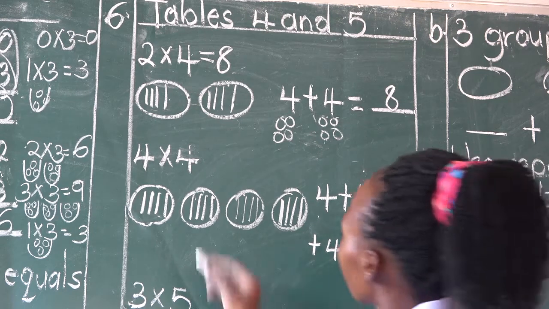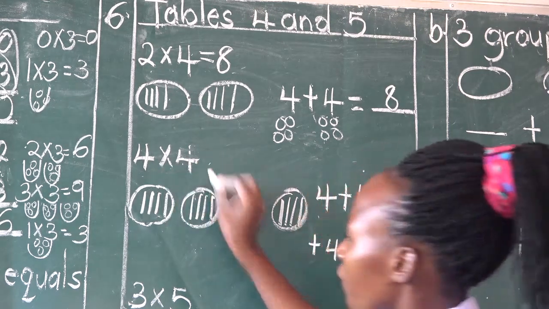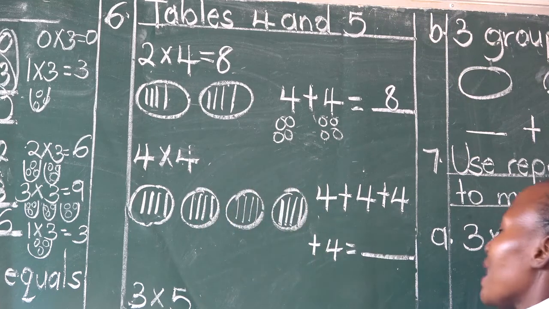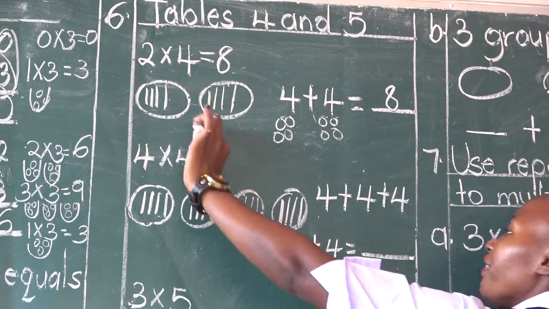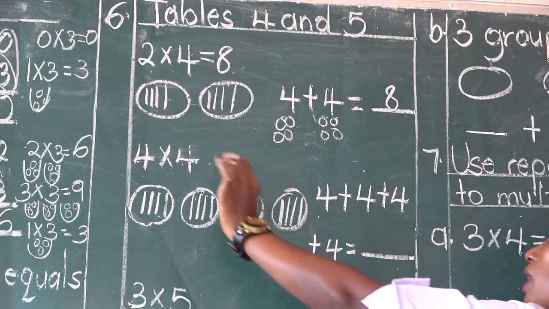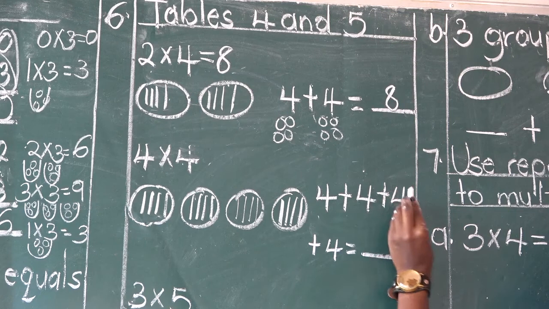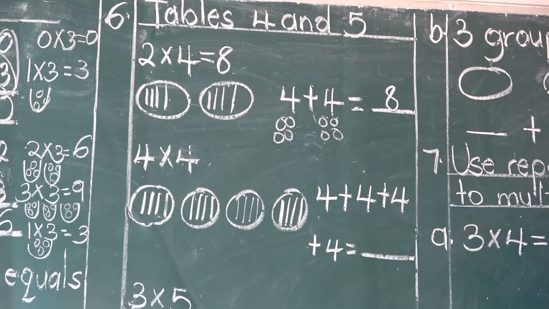Then here we have 4 groups of 4. These are our 4 groups of 4, meaning that you are going to add 4 four times. That's why it is 1, 2, 3, 4; we've written it 4 times.